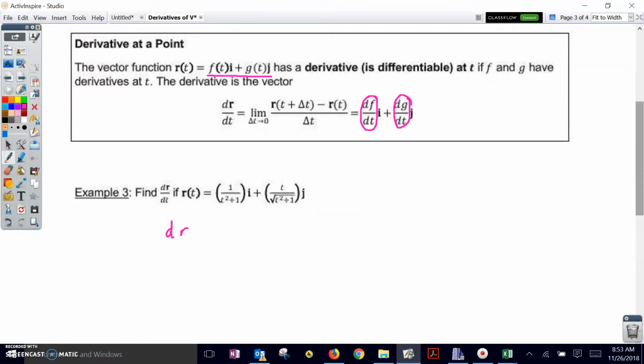So dr/dt here, notice I have my vector symbol above the r because r is a vector, but not above t because t, time, is a scalar here.